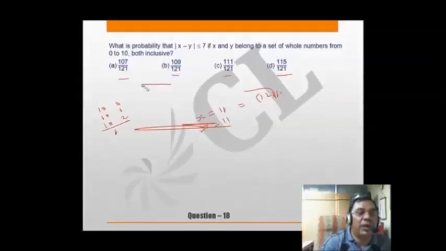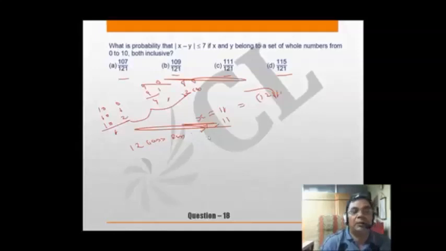Then if I come to 9, 0, 9, 1, 4 cases. Then we come to 8, 0, 2 cases. So okay, 6, 4, 10, 12 cases less. So 121 minus 12 is 109.